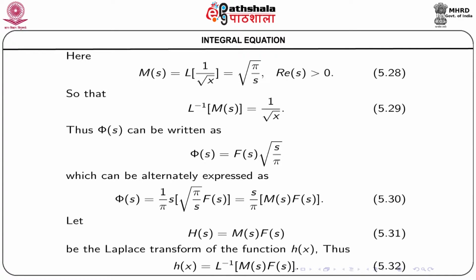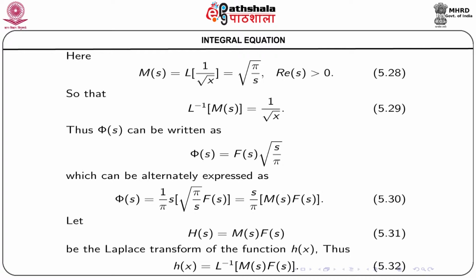Now, this can be simplified. So, capital phi s is given by capital F s into root over s by pi by substituting the value of M s from 5.28.